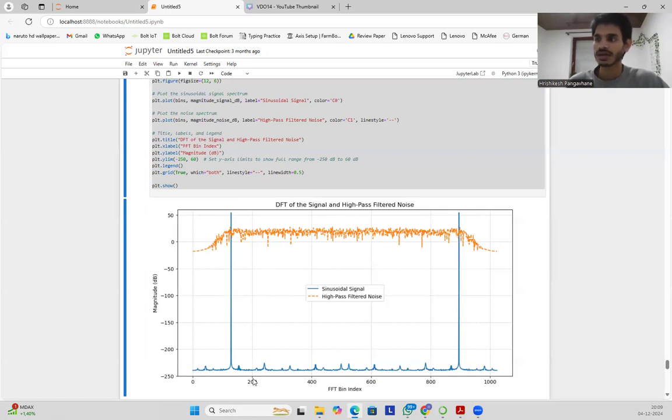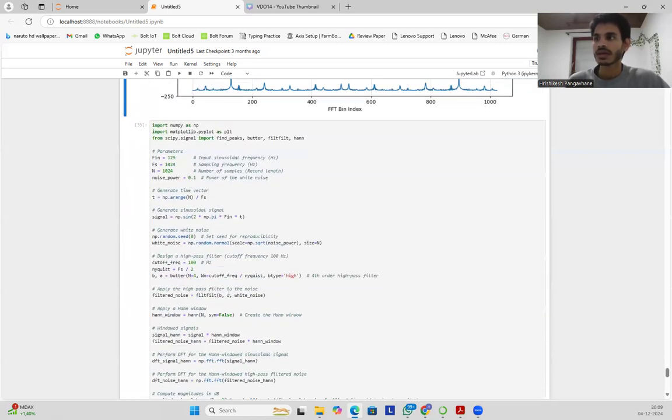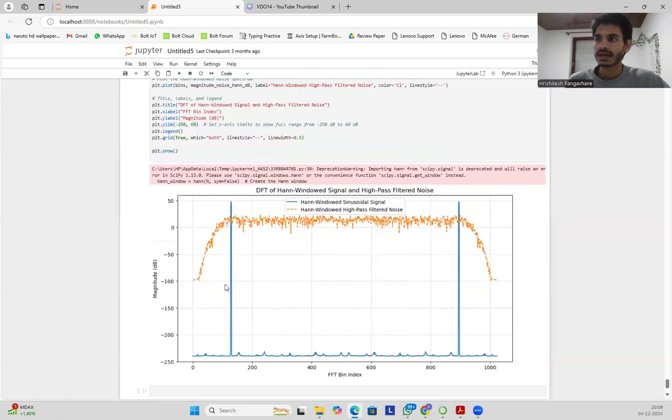Between this bandwidth, if we window this signal using a Hann window, then we can see that the FFT leakage is significantly reduced. And if it is significantly reduced, then the signal to noise ratio becomes more precise and helps us in obtaining it. So this is how windowing helps us.